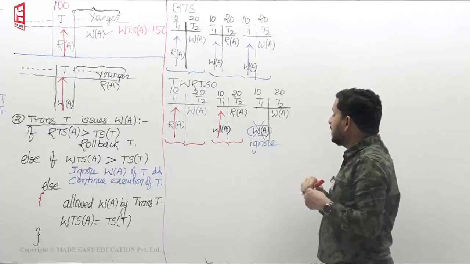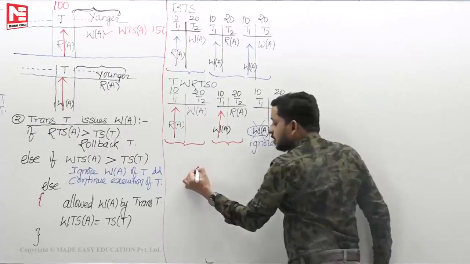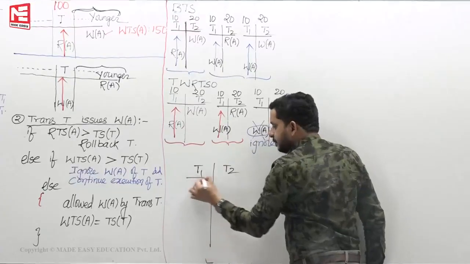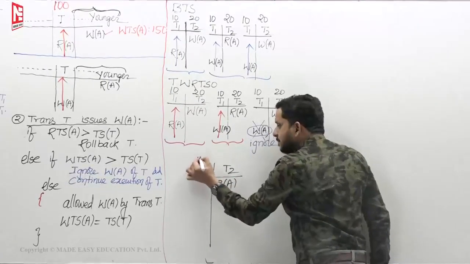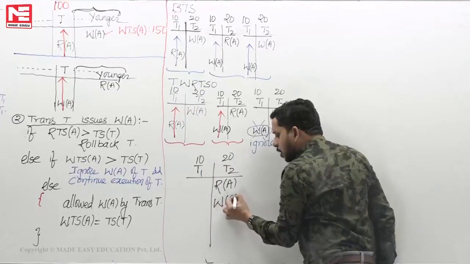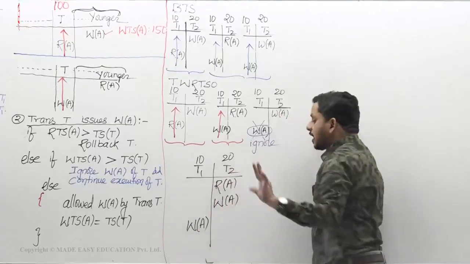So it is clear when the younger transaction only did the write. By chance, if the younger transaction did both read A and write A, with timestamps 10 and 20, then if the older transaction requests for write, it is not allowed.